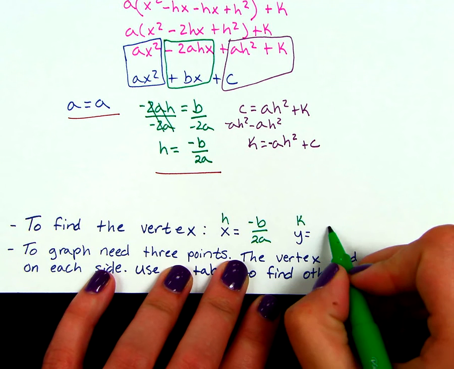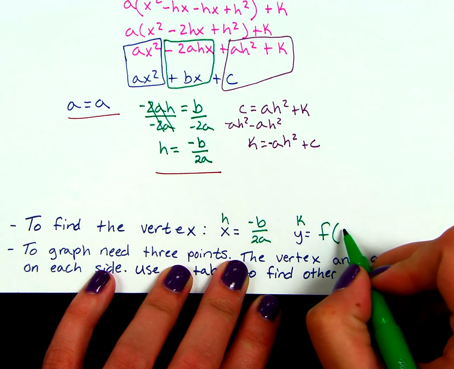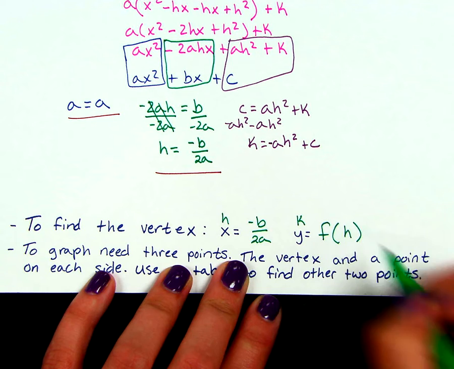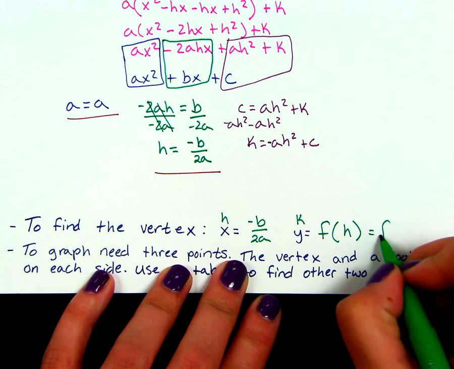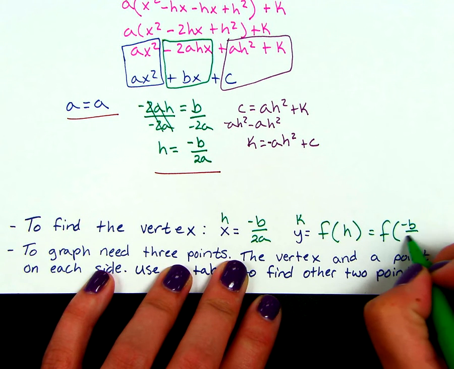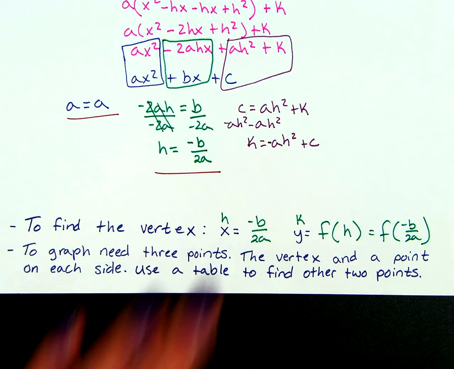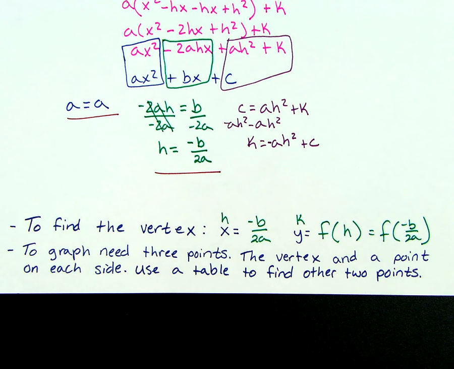So we're going to be doing f of h, which is the same idea as saying f of negative b over 2 times a. That's what we're going to use to find the vertex when it's in standard form.